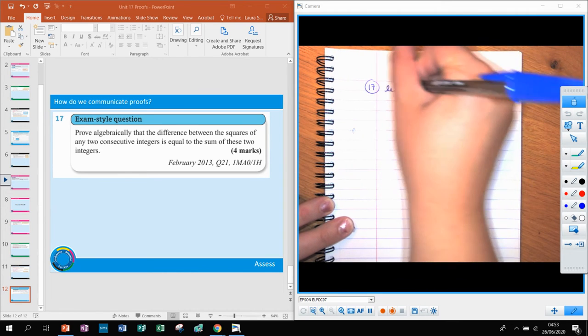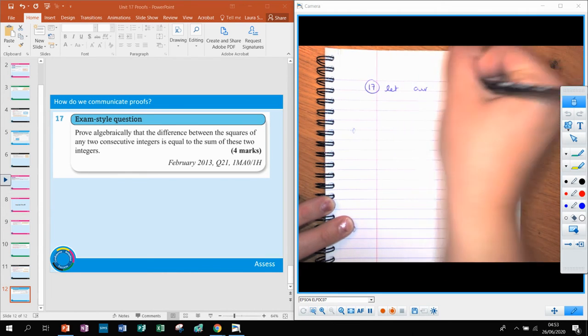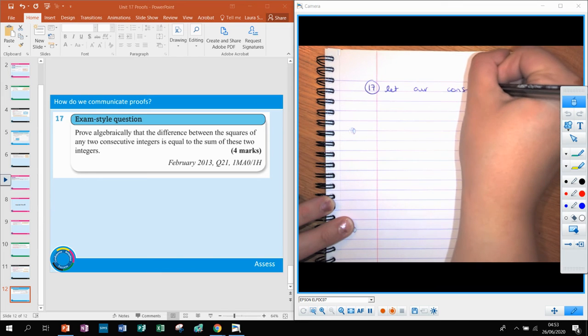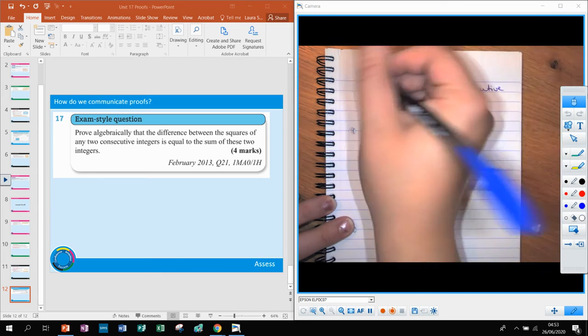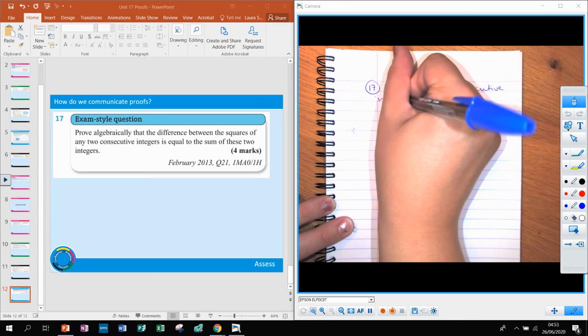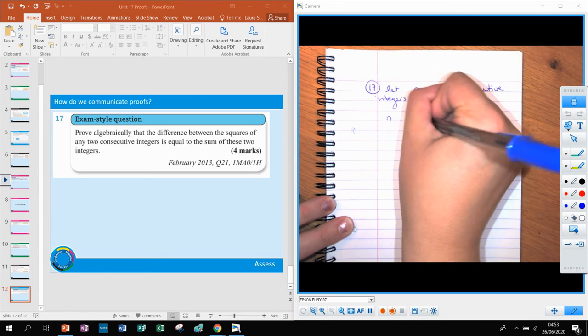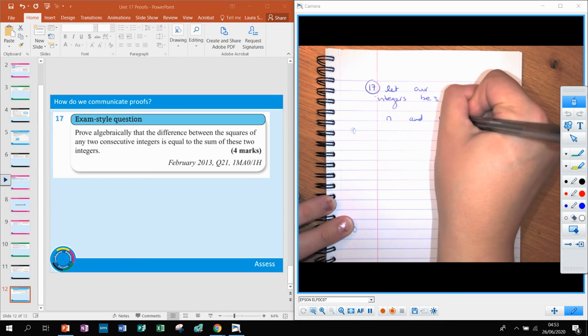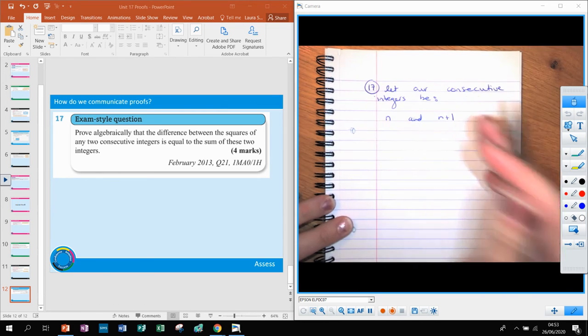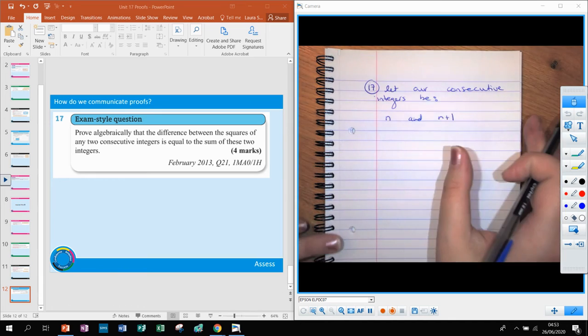So let's let our consecutive integers be n and n plus 1. Okay, remember we don't have to worry about even or odd, and therefore we don't need a 2 there.